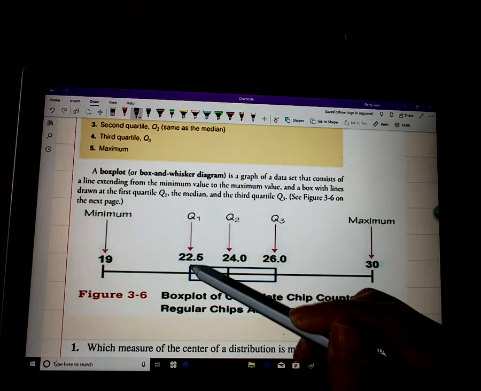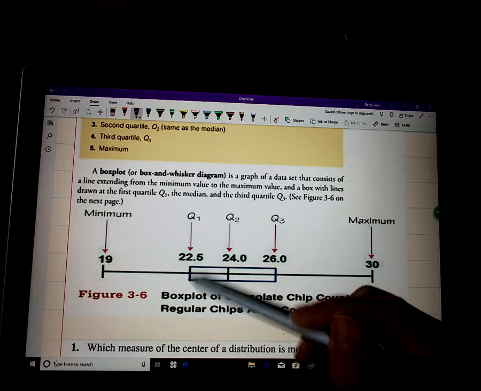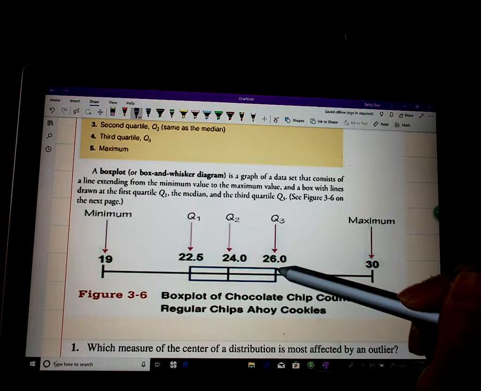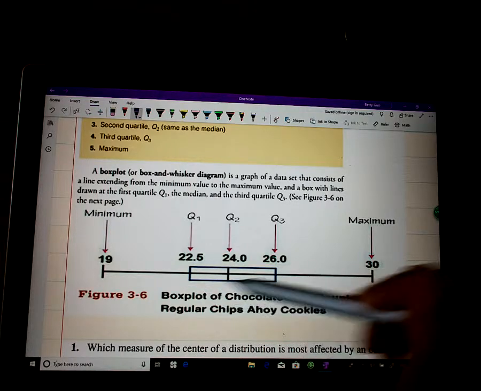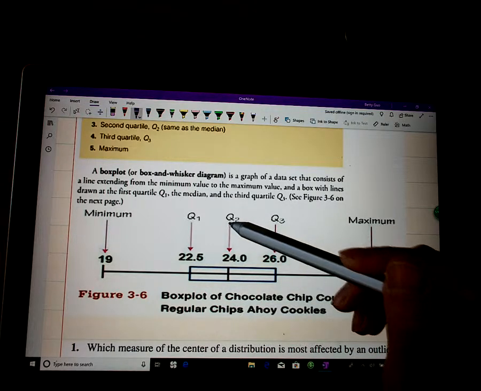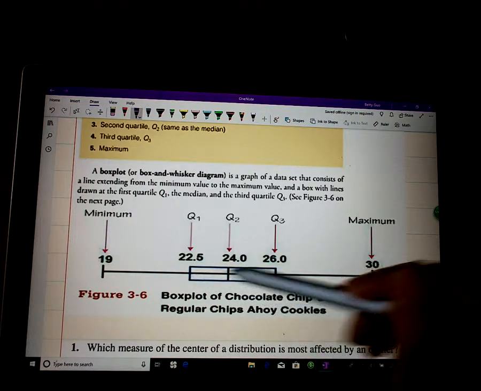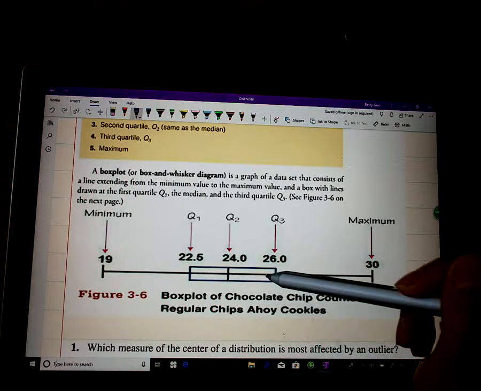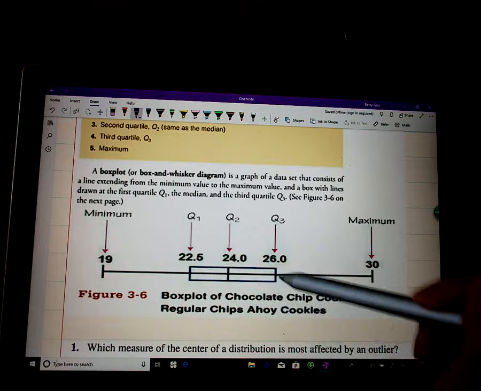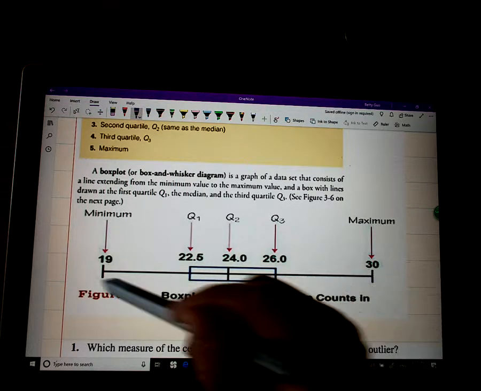Then you draw a box using Q1 as the left endpoint and Q3 as the right endpoint. The median Q2 is inside the box. So this is a box, this is a whisker, okay?